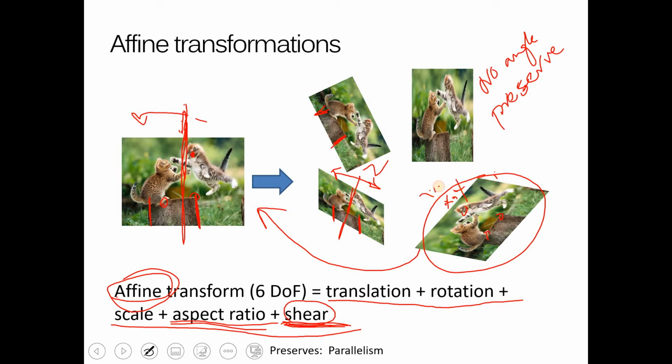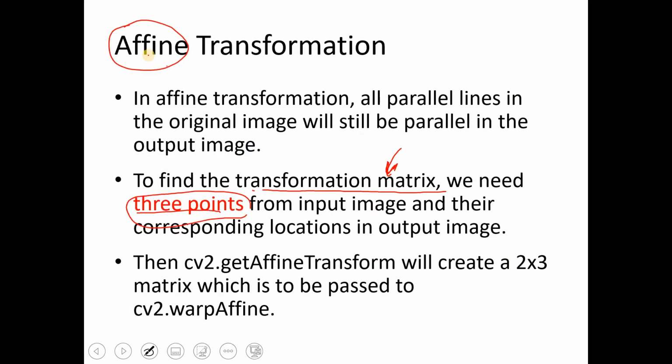So this is your input, and this image is bad. You will also show the location of these points on the output image. Clear? Then get affine transform, a function in CV2, will generate a matrix for you to do this transformation.